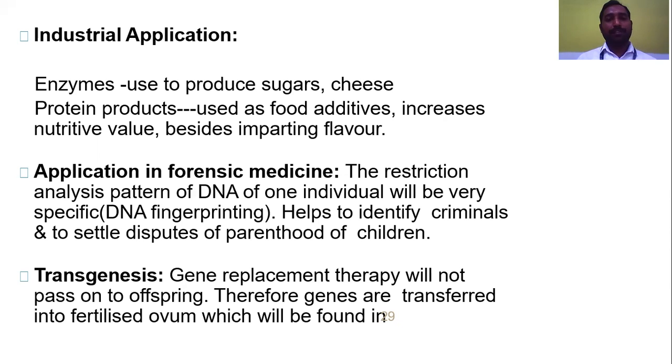And in forensic medicine, rDNA technology has a very important role. It can be used in DNA fingerprinting, which enables us to identify criminals and settle disputes over the parenthood of children.